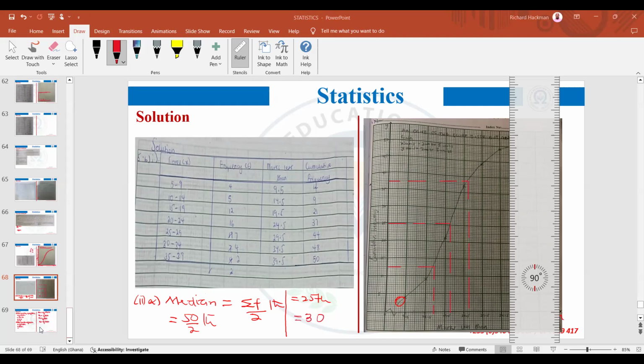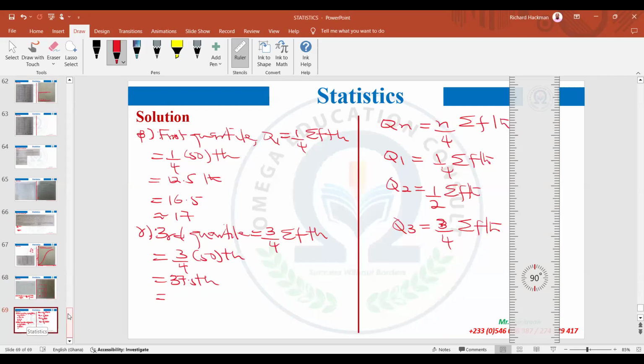So I'm going to use 24.5. And Inshira, what did you get? Was yours also close to 24.5? It's about 24.75. Okay, so it means yours was between the small box. But to the nearest whole number, I'm going to get 25.